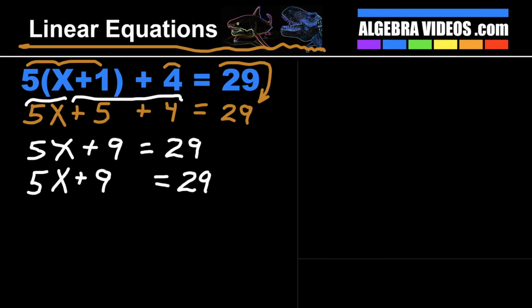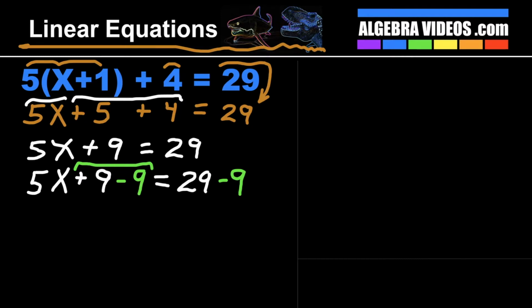Now, how do I get rid of that 9? Well, all I have to do is subtract 9 from both sides. So I'm going to subtract 9 from the left side and subtract 9 from the right side. And the reason I'm doing that is because I can then know that this term here, 9 minus 9, is going to simplify to just 0.